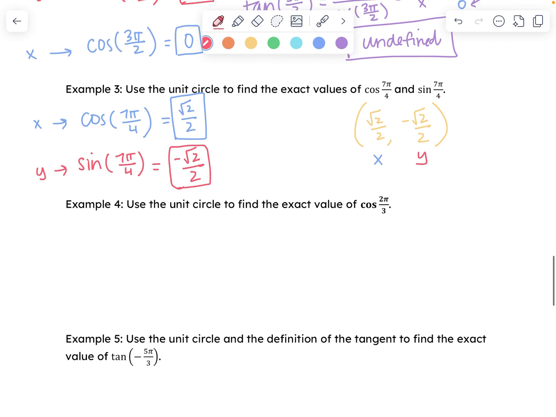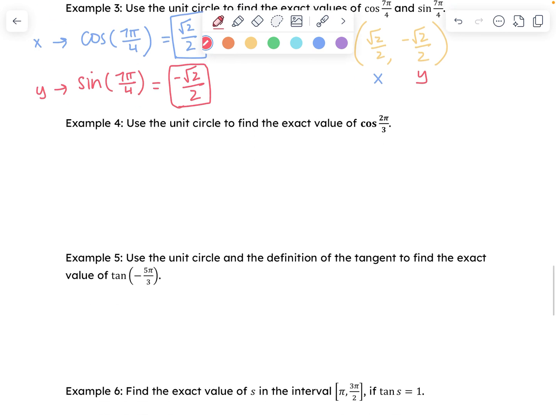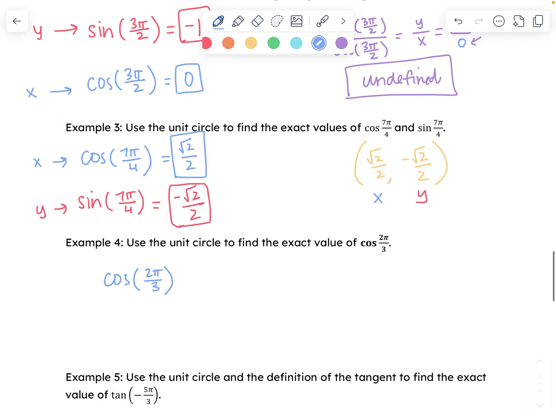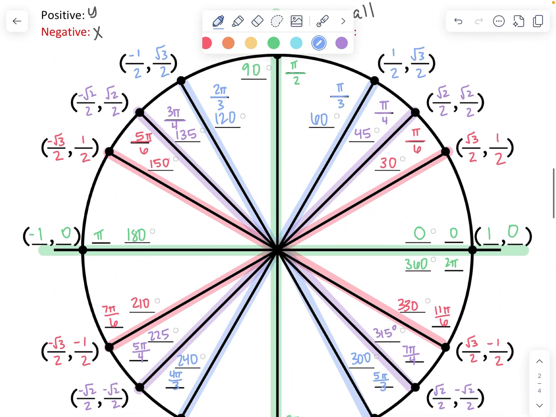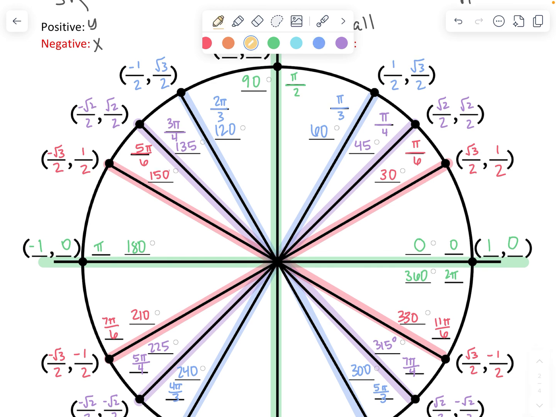Let's do another one. Example 4 says use the unit circle to find the exact value of the cosine of 2 pi over 3. So same idea. Figure out where 2 pi over 3 is. So on my unit circle, 2 pi over 3 is up here in quadrant 2.